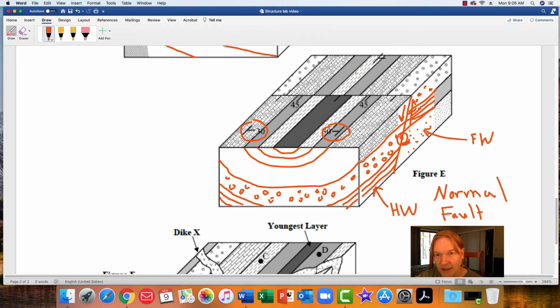And some of the younger layers, including this dark layer, were eroded off. So what we're seeing on the footwall is basically this little bit right here. Where this portion right here got eroded off of the footwall.